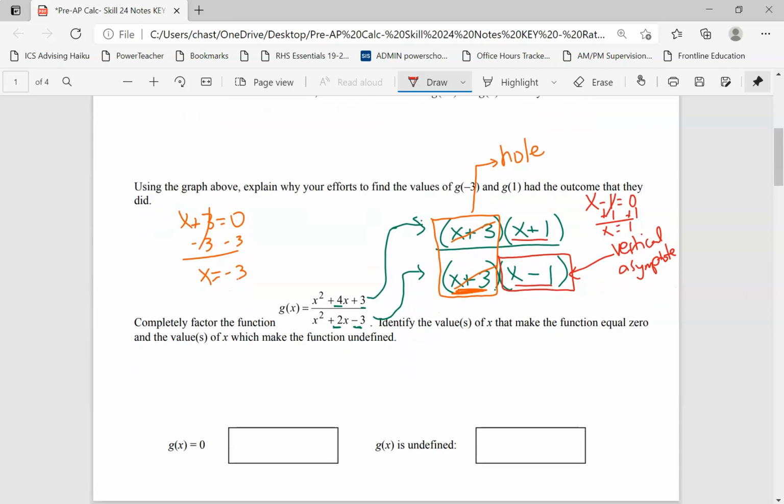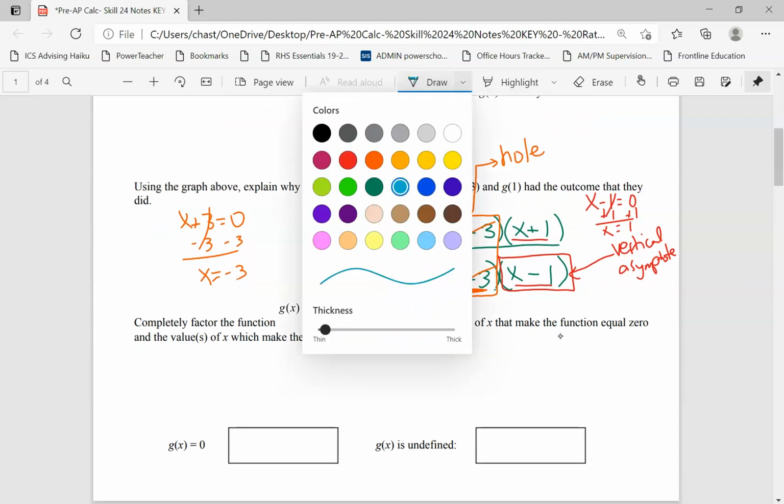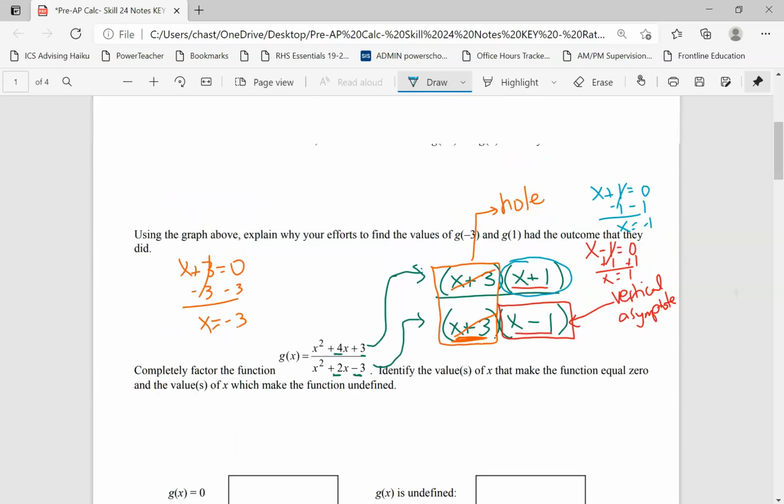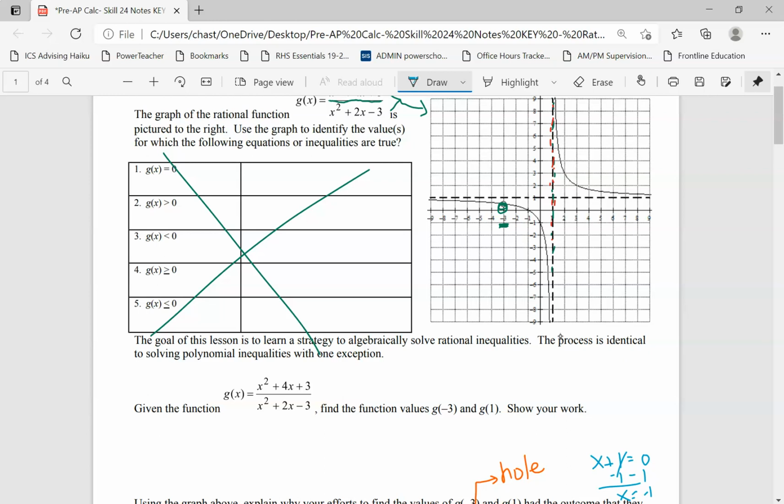The only thing left is this piece that was not canceled out of the numerator. So x plus 1 equals 0 when x equals -1. That's going to be the 0 of this function, so we can see it crosses the x-axis there.